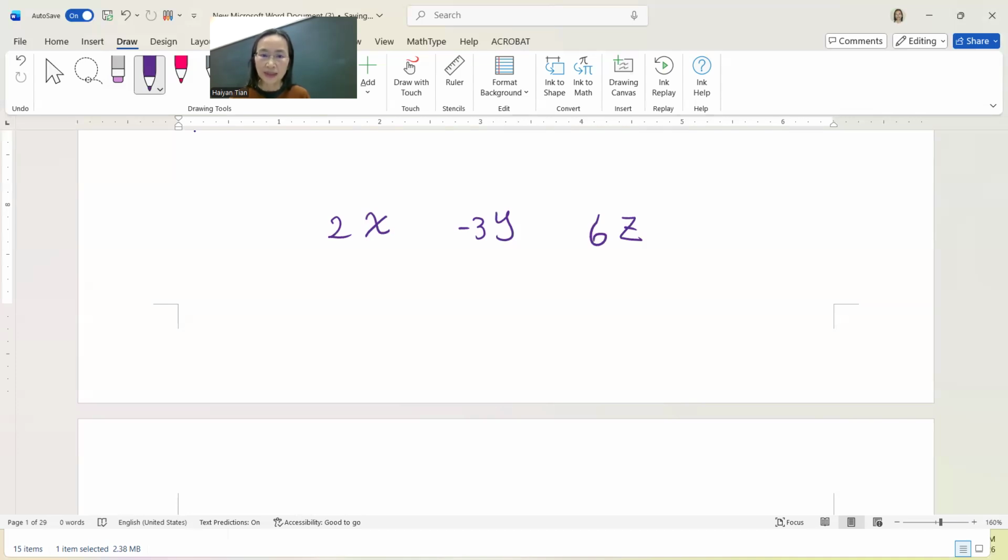I can combine three terms together, plus, equals a certain number. This is just one example. Of course, you don't have to put parentheses because plus a negative means minus. So we can just put a negative and remove the parentheses to make it cleaner. So you have an equation of three variables.